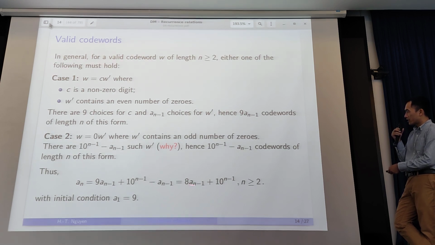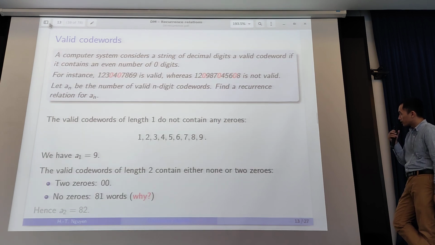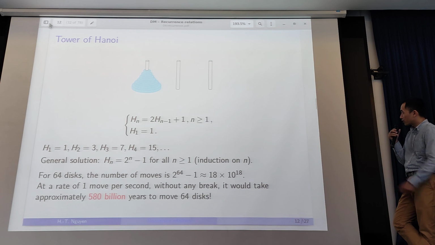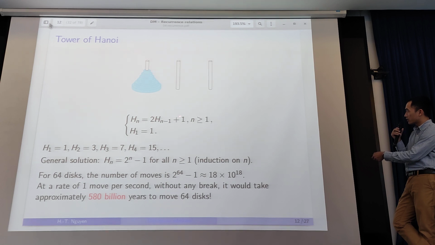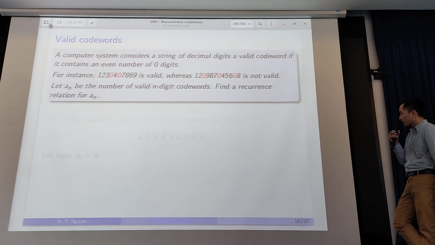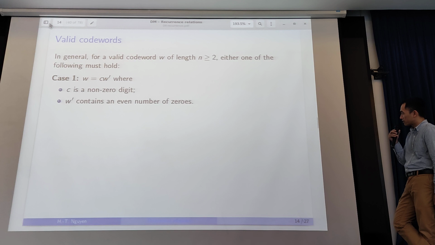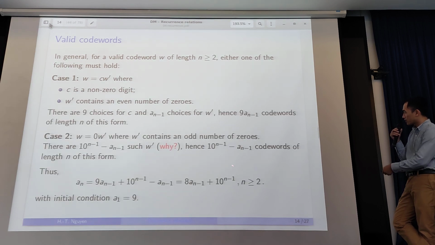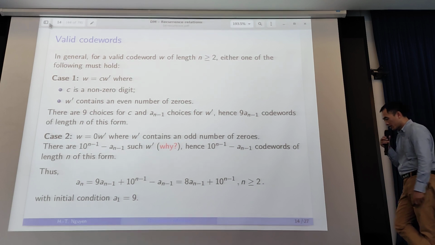Whenever on the right hand side you have only the terms of the sequence, then the relation is called homogeneous. And whenever you have other terms, whether it is a constant like this one over here, this relation is non-homogeneous because you have a constant here. And also, you may have not a constant but even a function of n here.